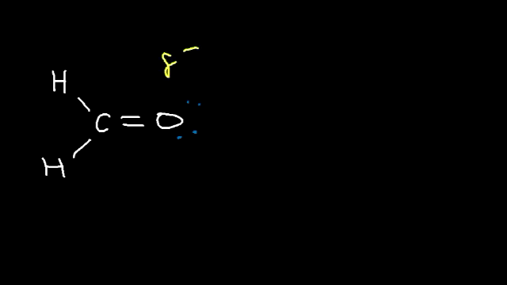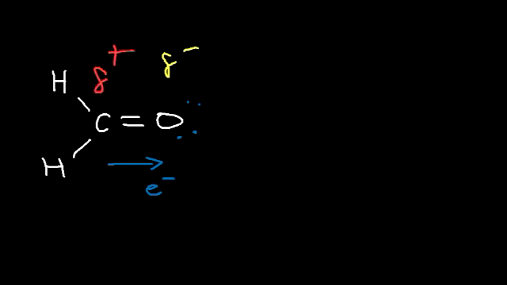But let's consider formaldehyde. So formaldehyde is a one-carbon aldehyde with two hydrogen atoms. Now the oxygen atom within the formaldehyde has a partial negative charge because it's electronegative and it pulls the electrons toward itself. So the carbon atom is electron deficient.